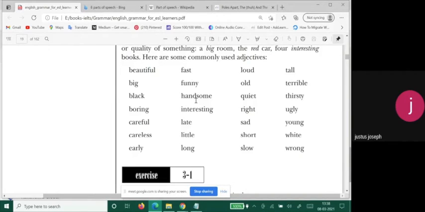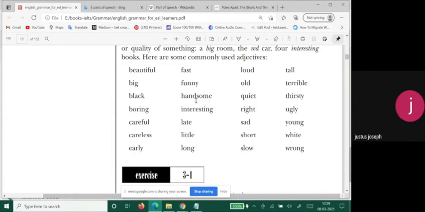Boring class, very good. Interesting story. Right: the right place, the right person. The ugly duck, very good. The ugly duckling.